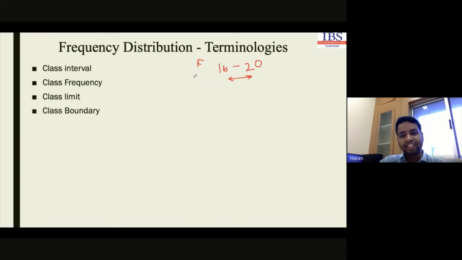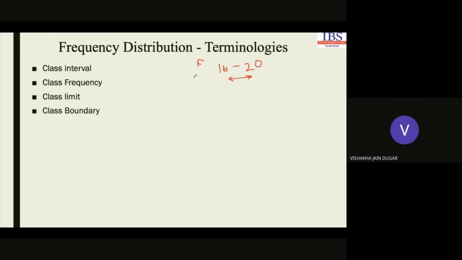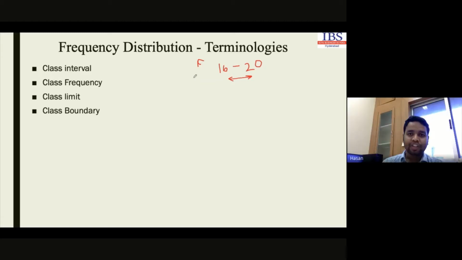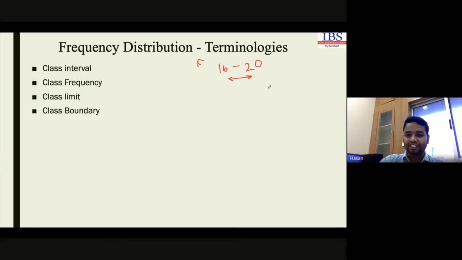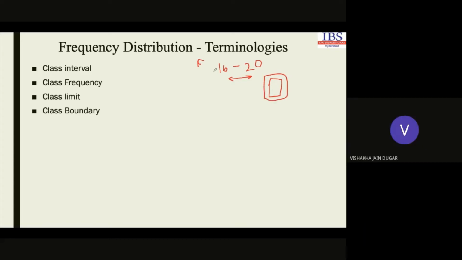Then class boundary. Sir, is it the lower class limit and upper limit of the class? No, no, no. We have already discussed this. We have a home here. This is our home. And if we are going to build the boundary, we'll have to build it outside the home, right? That means the boundary will be outside.